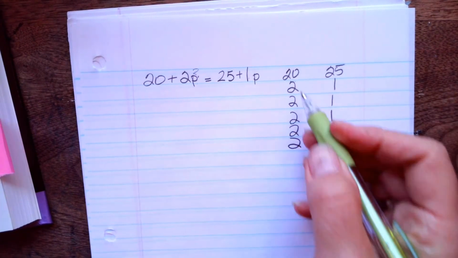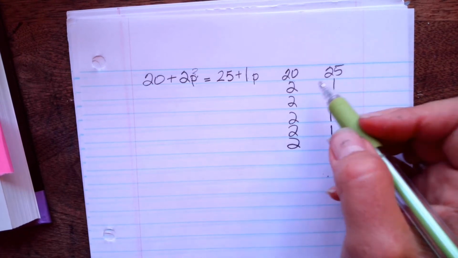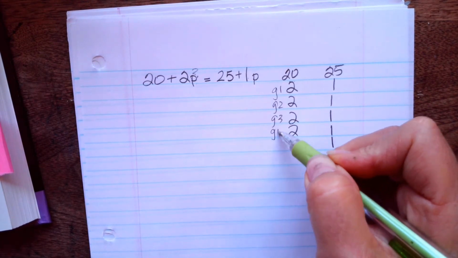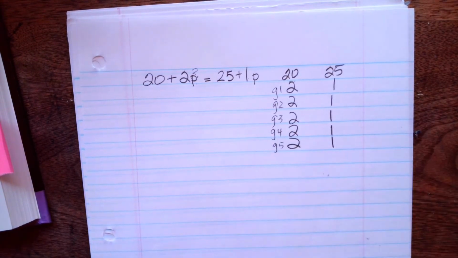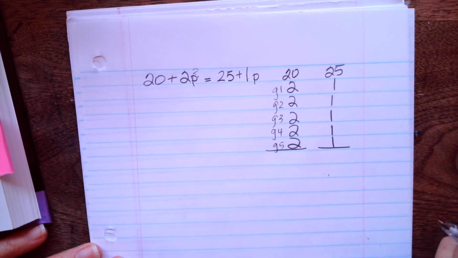So they're saying, when is it going to be that these people have the same amount of home runs? Here's game 1, game 2, game 3, game 4, game 5. The only reason I know it's 5 is because we already got p equals 5. I wouldn't know this at this point, but I'm just showing you what it means.